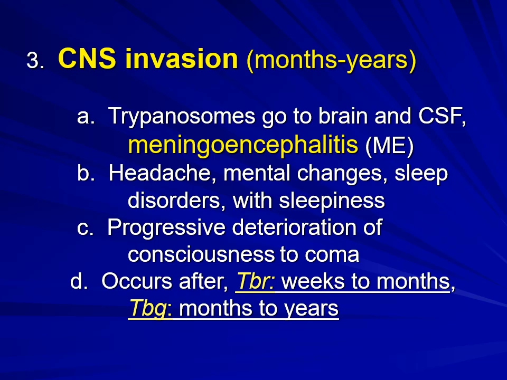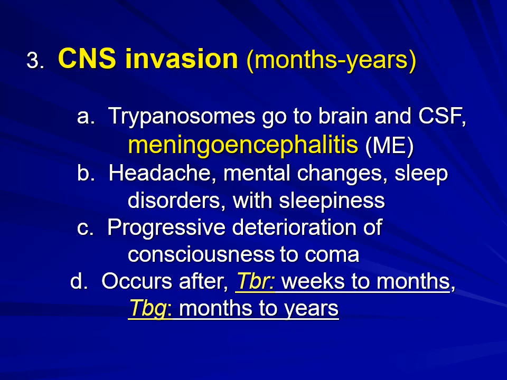Here the trypanosomes go to the brain and the cerebrospinal fluid, and they can be seen in the cerebrospinal fluid, and as they go there, they produce inflammation corresponding to meningoencephalitis, which means inflammation of the meninges and the brain tissue, encephalitis, ME, meningoencephalitis.